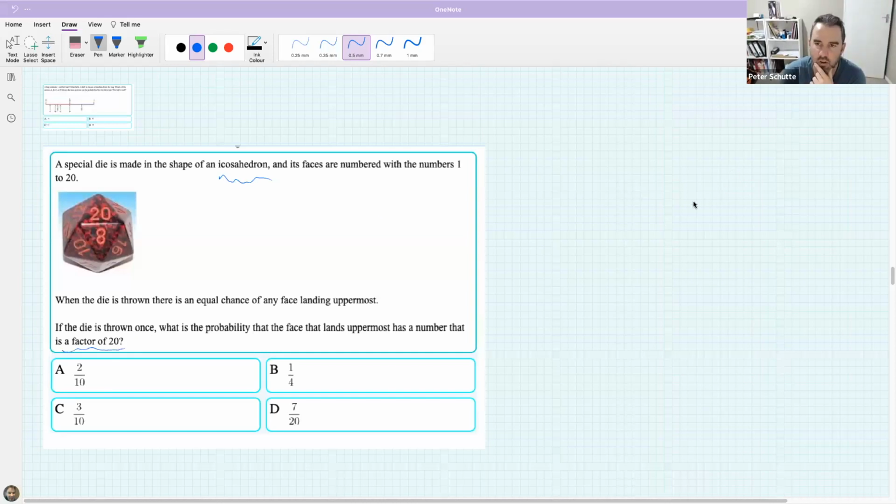So if you think about what this question is asking, it's clear that the number of possible outcomes is 20. The difficult bit is what is a favorable outcome, given that something has to be a factor of 20.